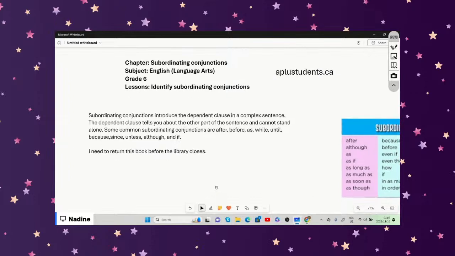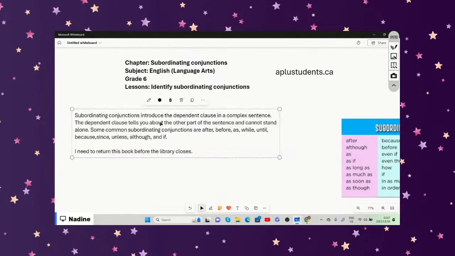All right, so a subordinating conjunction introduces the dependent clause in a complex sentence. So basically, a complex sentence consists of an independent clause as well as a dependent clause, right?